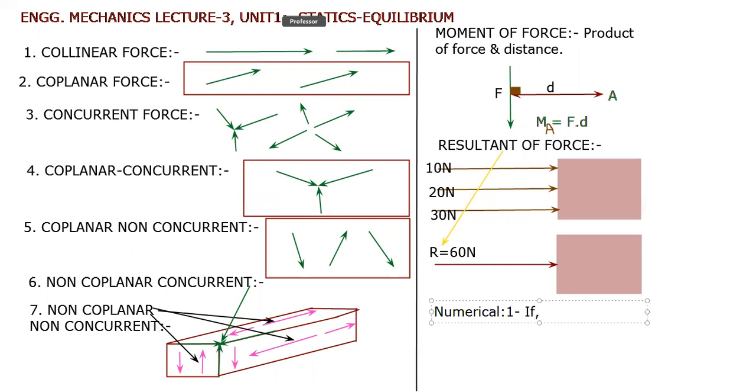If F1 is equal to 80 Newton, F2 is equal to 100 Newton, F3 is equal to minus 30 Newton. Find resultant.